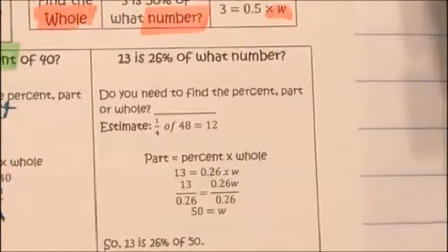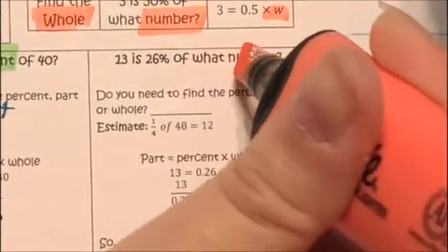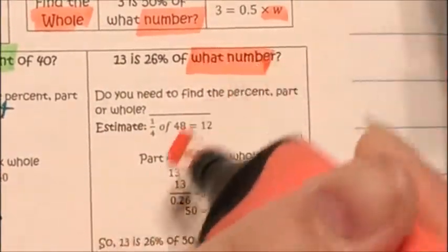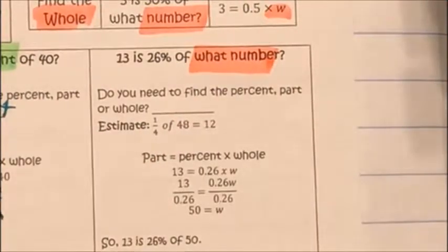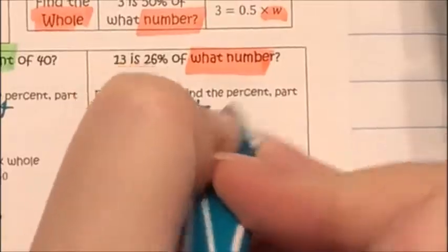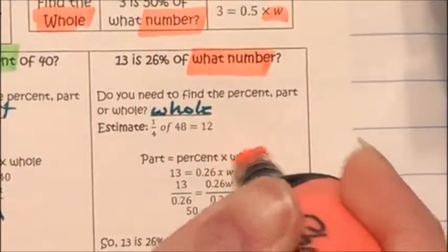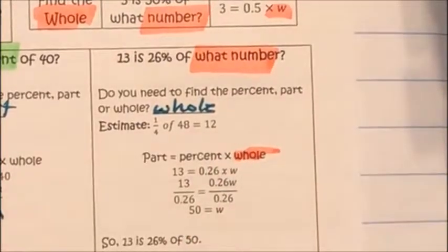Third problem I have, 13 is 26% of what number? So in this case, I'm looking for a whole. Okay, so part equals percent times whole, because that's what I'm looking for, right?